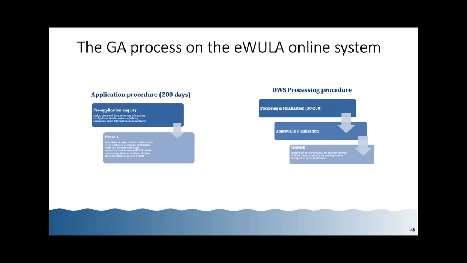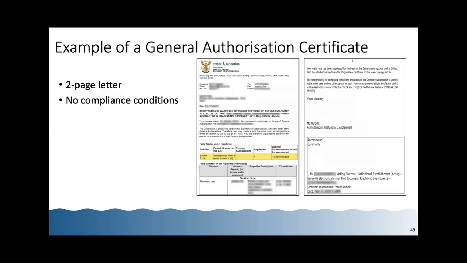It goes through some internal processes inside DWS, and finally your water use is captured on WARMS. WARMS is a database. It stands for Water Authorization and Registration Management Database, and all our water uses are captured there. It's a way in which the department manages our groundwater resource.